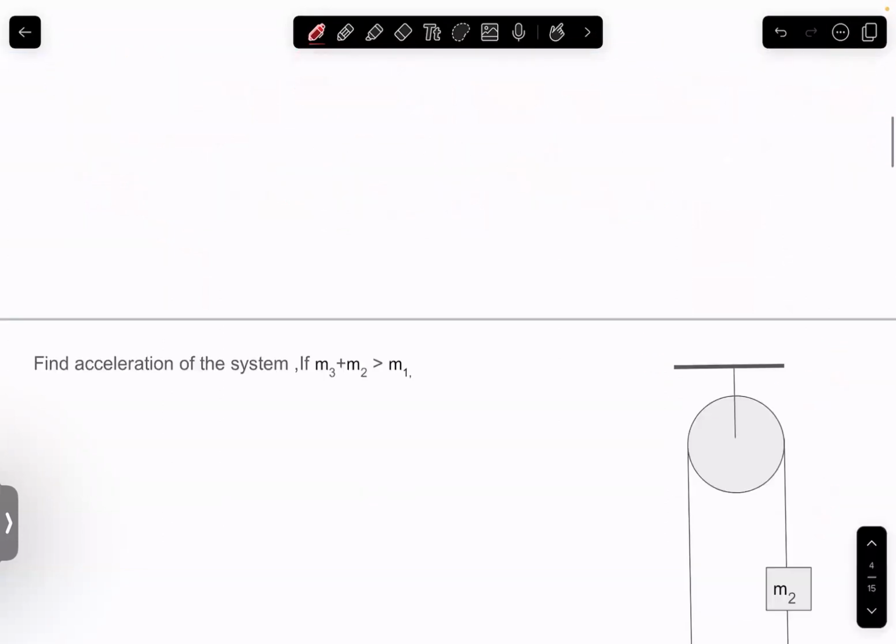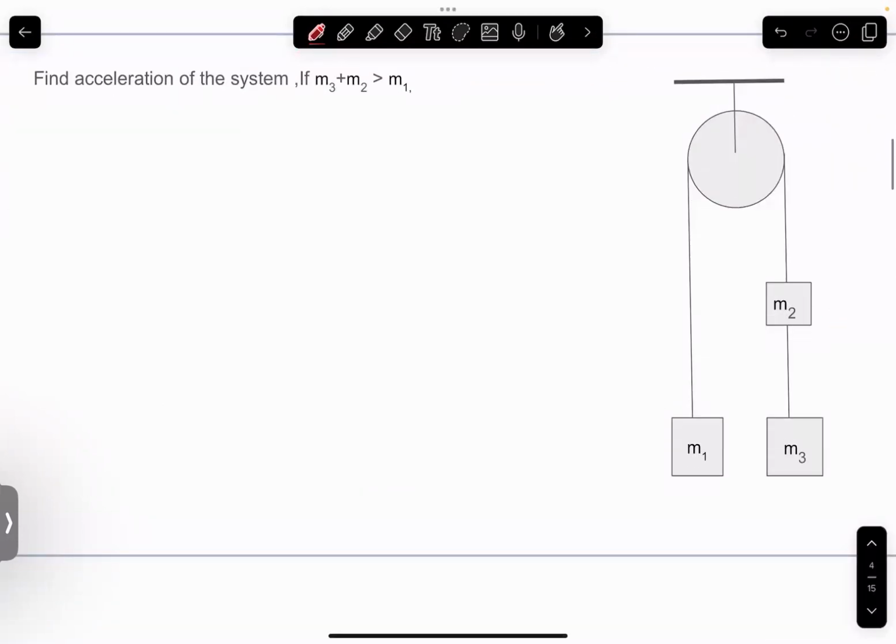Now, another question. This is a bit more complicated system. Instead of 2 blocks, you are getting 3 blocks over here, and it is given that m3 plus m2 is greater than m1. So this side mass is higher than this one, which means the acceleration will be like this.